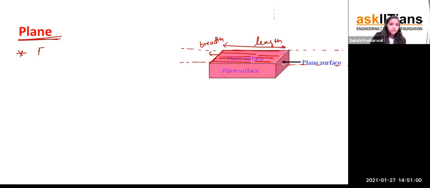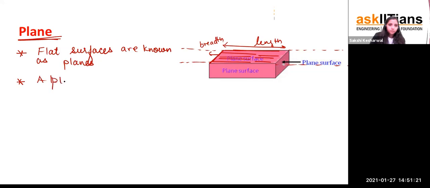Write this: flat surfaces are known as planes, right? Second, a plane has length and breadth.